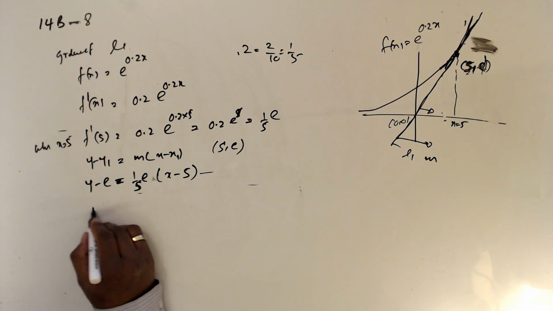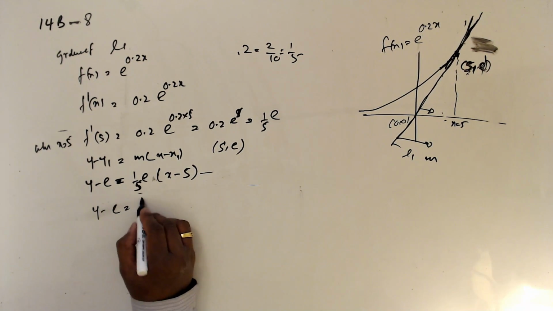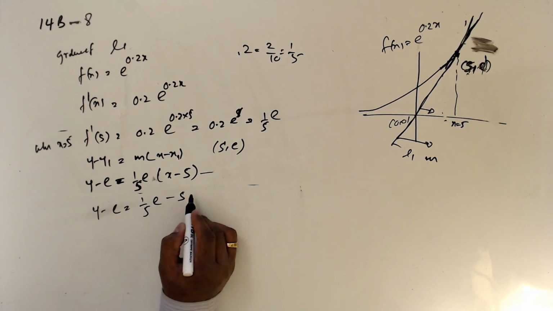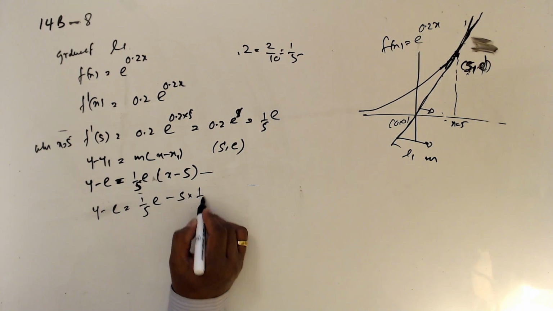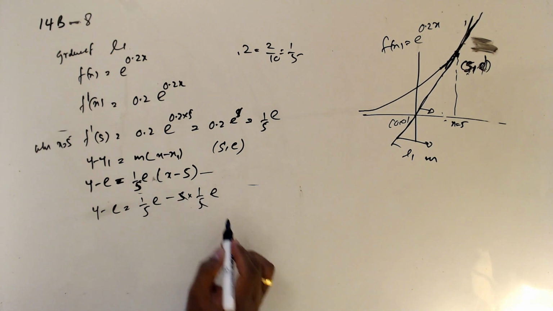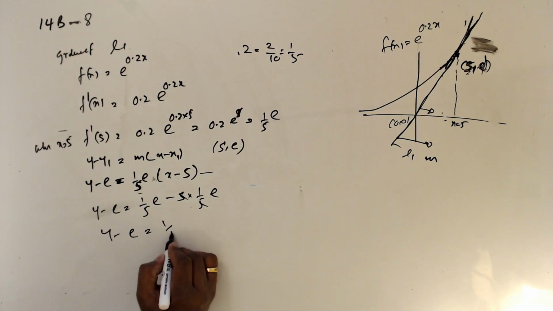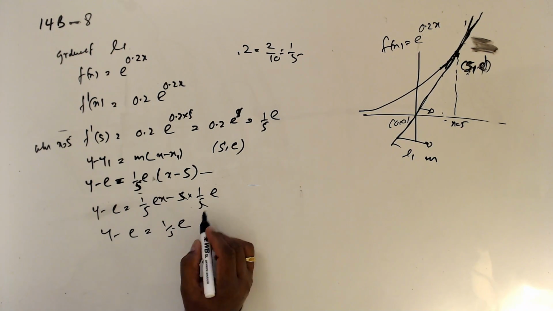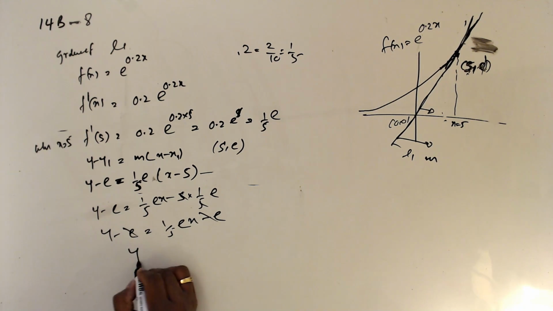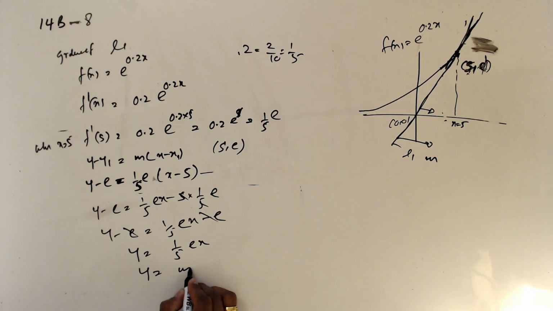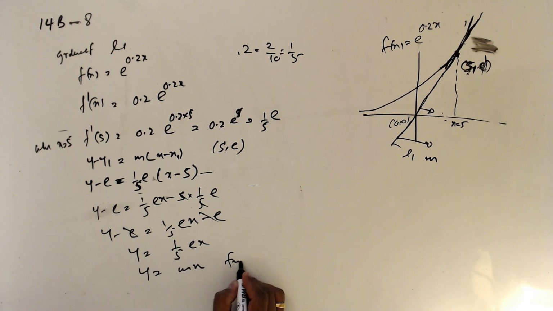So 1 over 5e times 5 times 1 over 5e. So this becomes y minus e equals 1 over 5e times x, minus e. The minus e's cancel out. This is y equals 1 over 5e x. This is y equals mx form.